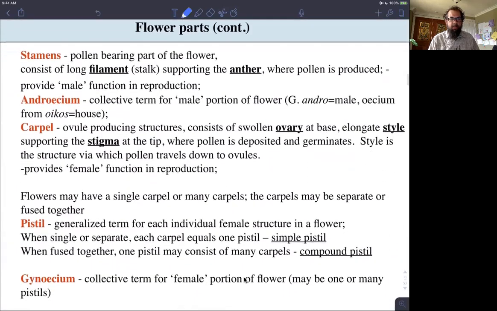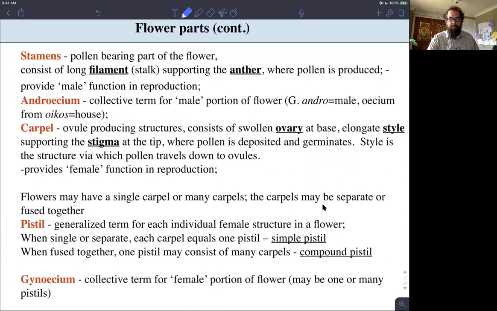Okay, so flowers can either have a single carpel or many carpels, and those carpels may be separate from each other or fused together. Pistil is a generalized term for each individual female structure in that flower. When it's a single pistil, or we have multiple separate pistils, we call this a simple pistil.